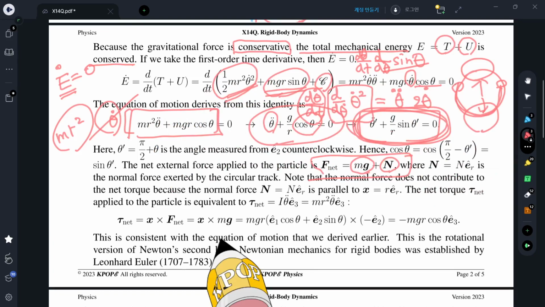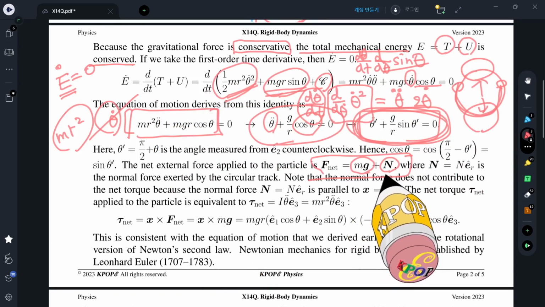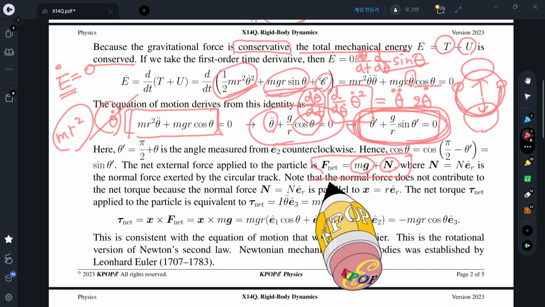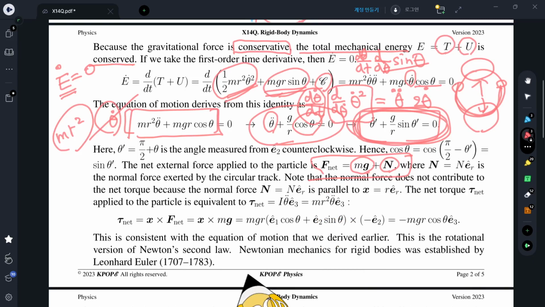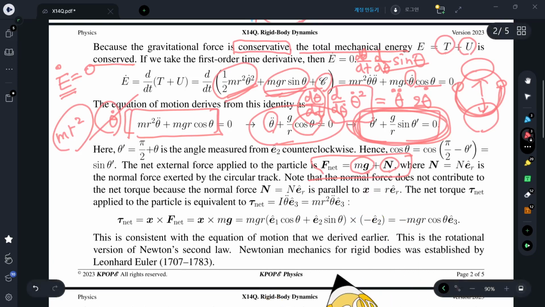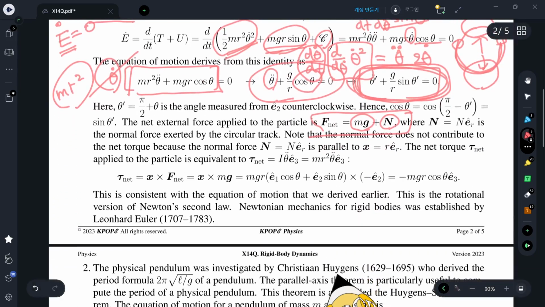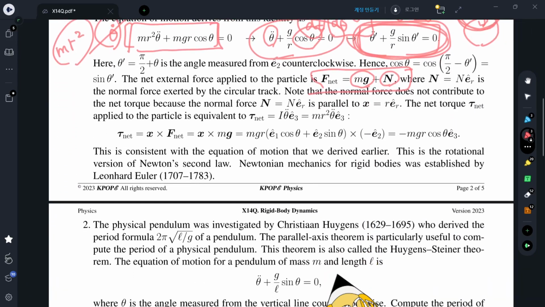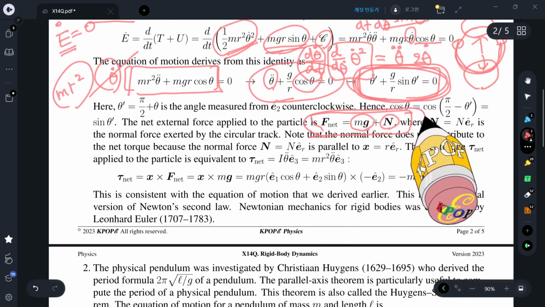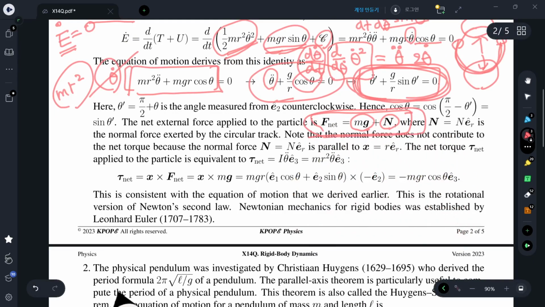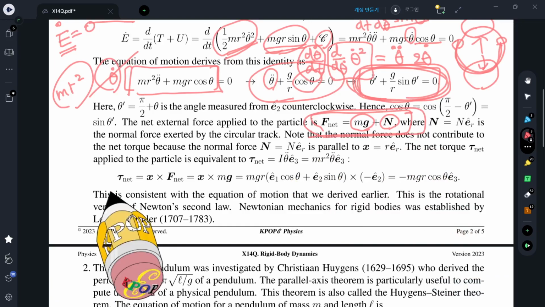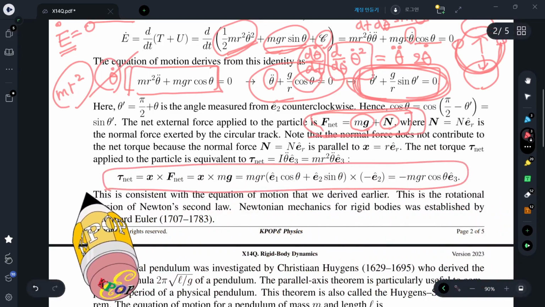If you wanted to derive this equation in this kind of way, it could have been very, very complicated, and usually most of you make sign mistakes. And this linear version of the equation of motion is actually the same as the rotational version.